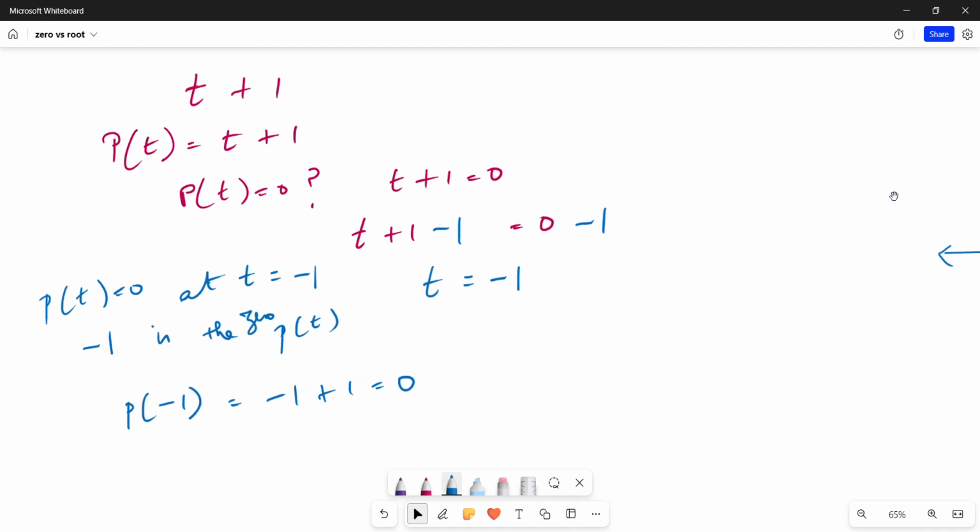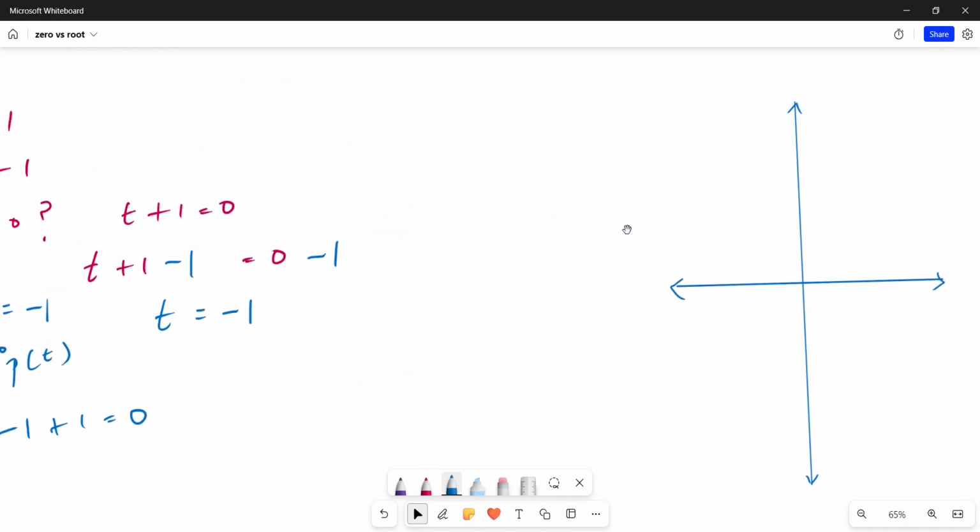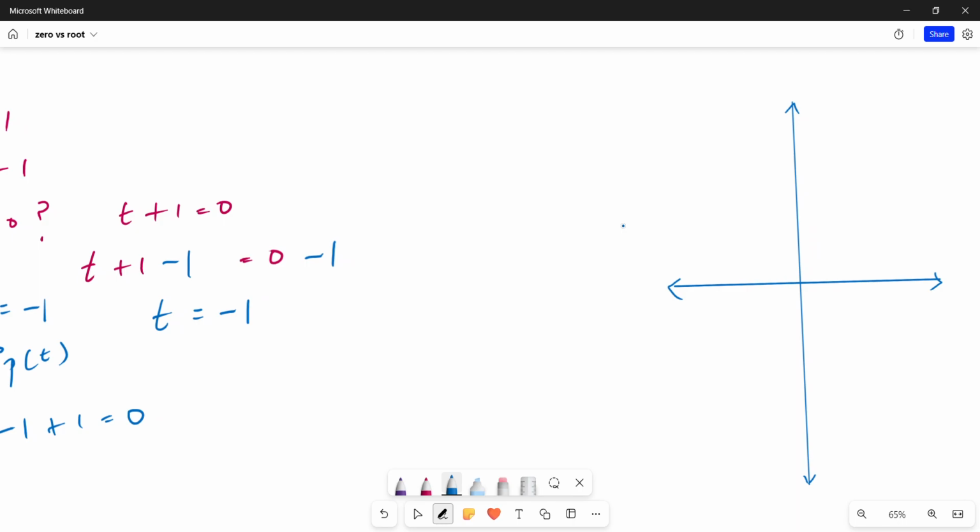Graphically, let us see what happens to the same t plus 1. Let me write p of t as y. So this axis is t and this is p of t, which is the polynomial in t, which is y.